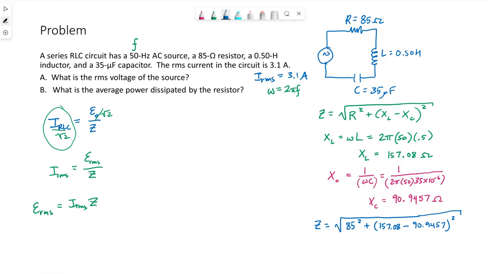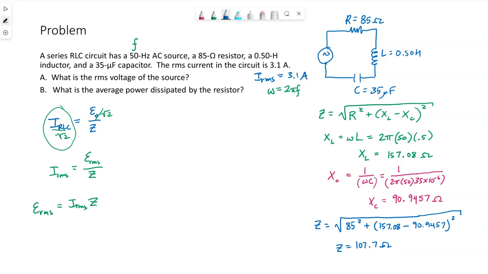That quantity needs to be squared. So R squared plus that quantity squared, and then the square root of that. I'm getting 107.7 ohms. It's 0.697, so I'm just going to round to the 0.7.